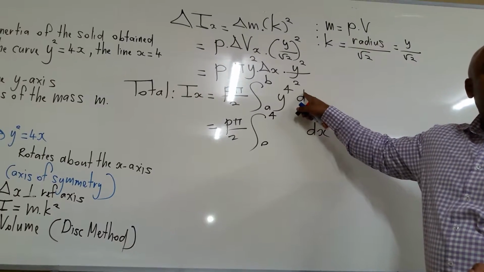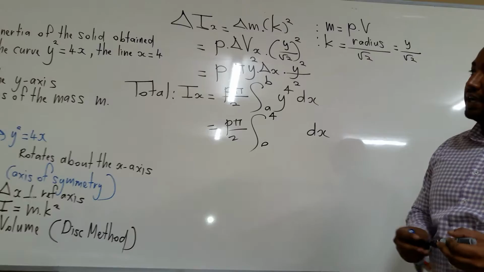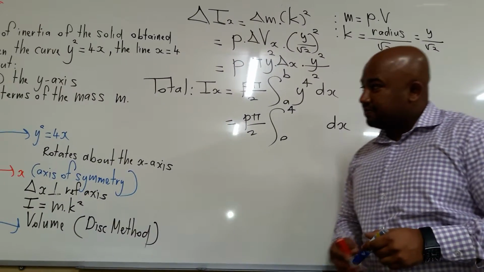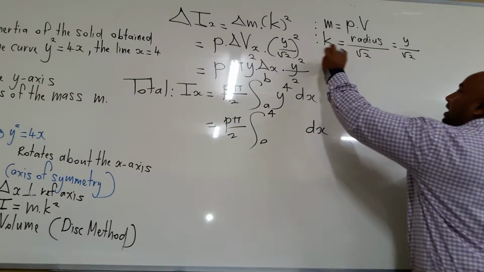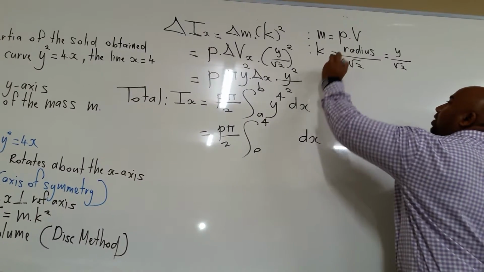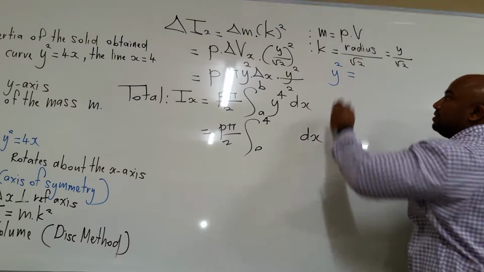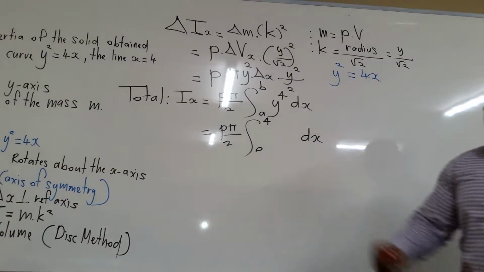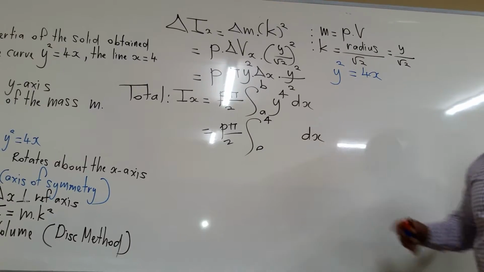This is y to the power 4. What is y? What do we know? What is the equation that involves y here? So we have y squared is equal to 4x, but I need y to the power 4.